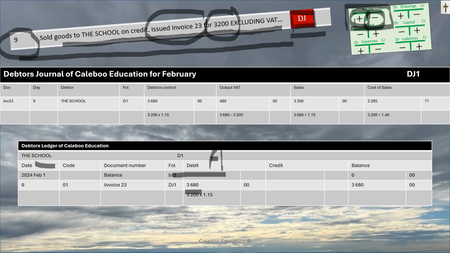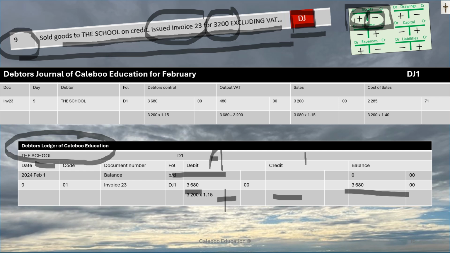Now the school owes us more, so the balance will get bigger. So under debit it's a plus, credit it's a minus for a debtor. When we do a creditor, that is actually the opposite, because a creditor is a liability. But more about that in the next video. A debtor is an asset. Increase in assets, debit. A decrease in assets, credit. For example, when a debtor was given a discount or a debtor paid us, it's a decrease in assets.